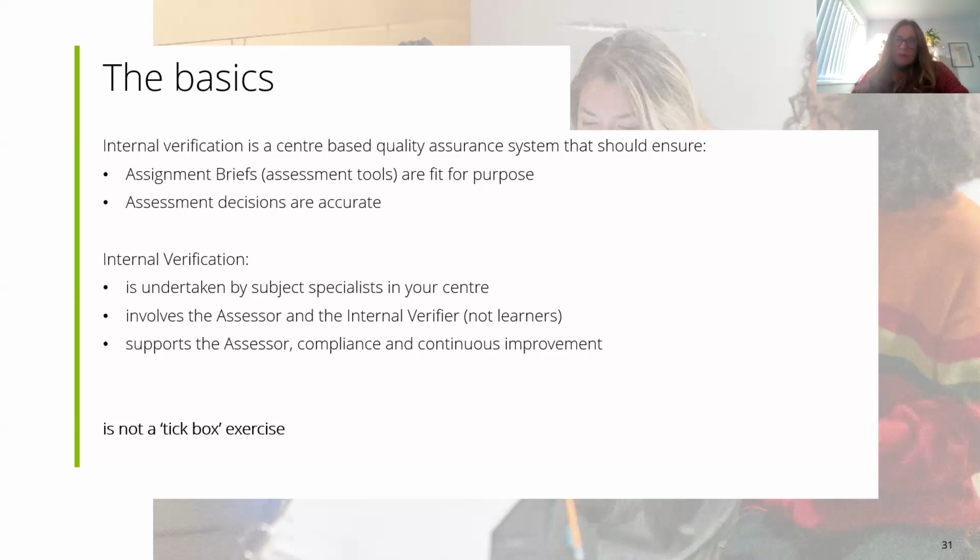It's not a tick box exercise. It's very much a critical friend exercise. If you amend an authorised assignment brief, for example, then a colleague would internally verify that to say it's fit for purpose and ready to go out. Remember, we only internally verify summative assessments.